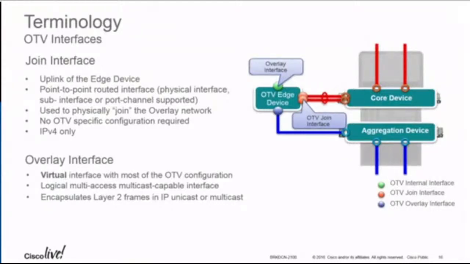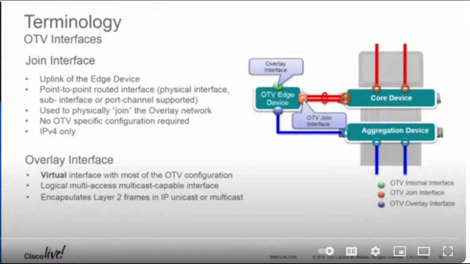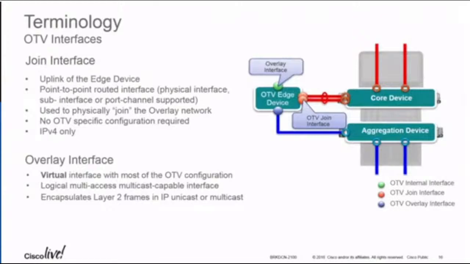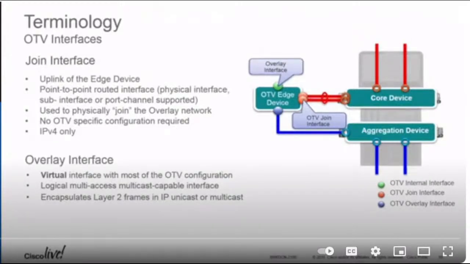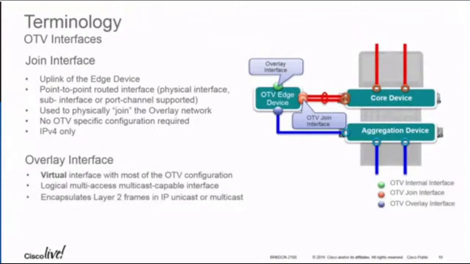Overlay interface. Now, one more question might arise over here: OTV, everyone knows that it's a layer 2 extension over layer 3, right? Now, as I told you, the join interface itself is L3. Now, what about the overlay interface? That's the one which will do all kinds of encapsulations and decapsulations when it gets the packet from the other data centers, and extend the VLAN towards the data centers.